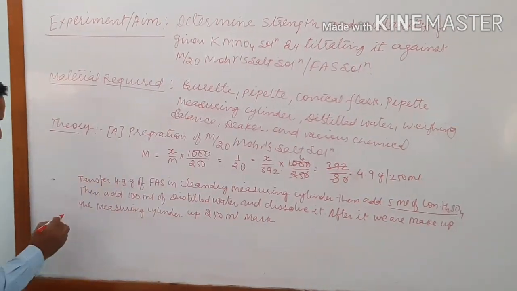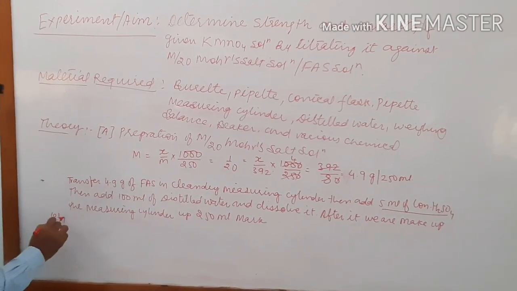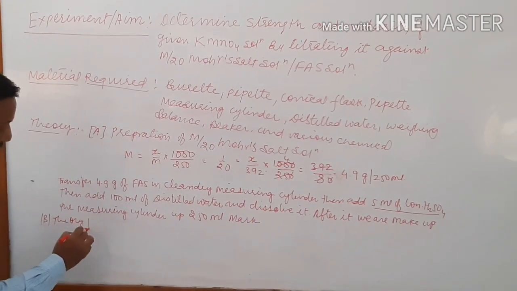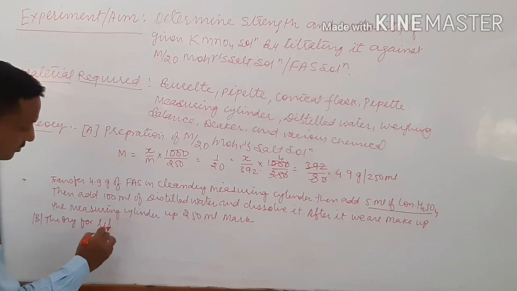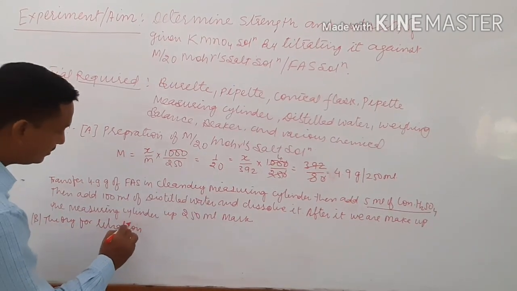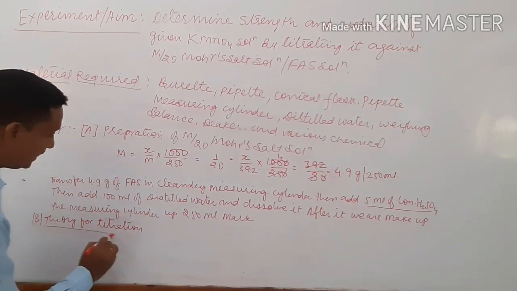So the theory for the titration is the B part. What is the theory for the titration?